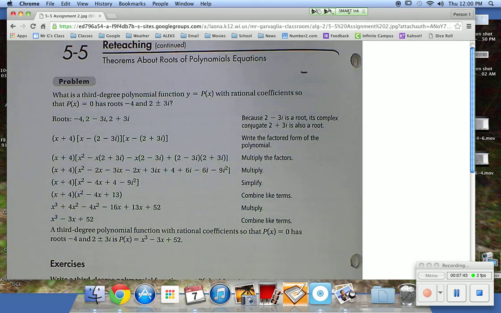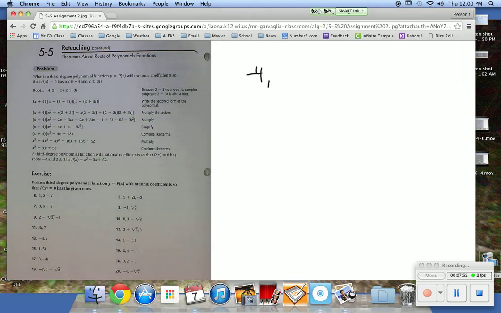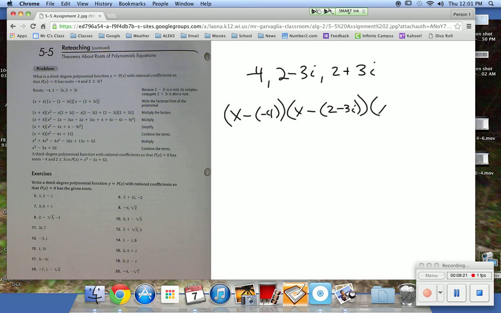I'm going to have -4. Actually, let's do this. It's -4, 2 minus 3i, and 2 plus 3i. All right, so now when we figure this out, we're going to put this in. x minus a -4, x minus 2 minus 3i, and x minus 2 plus 3i.